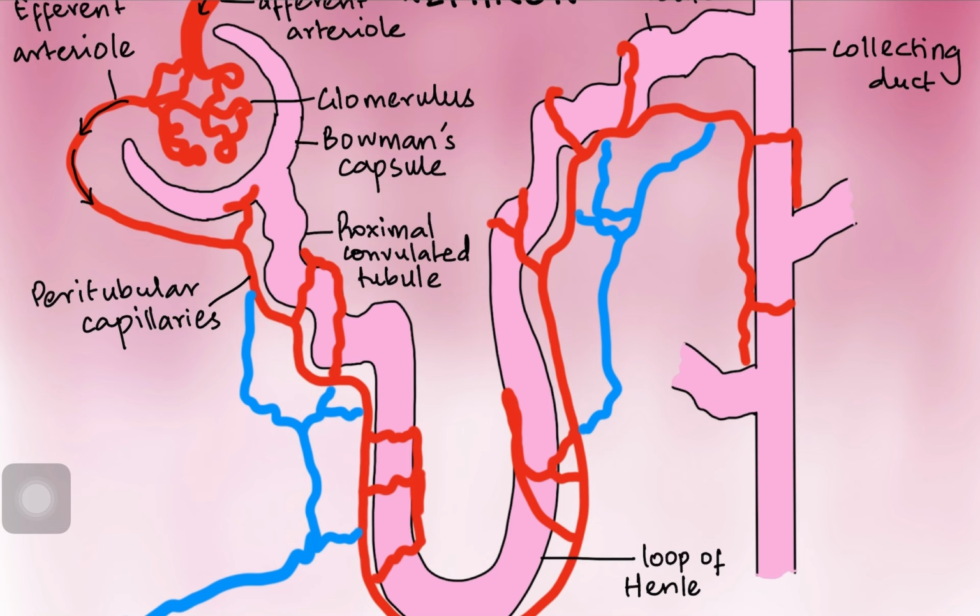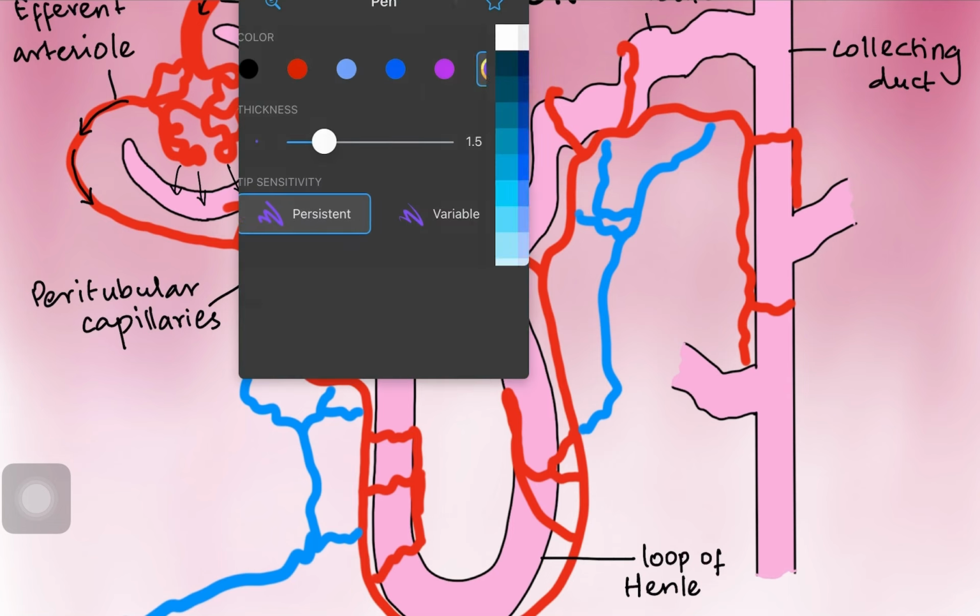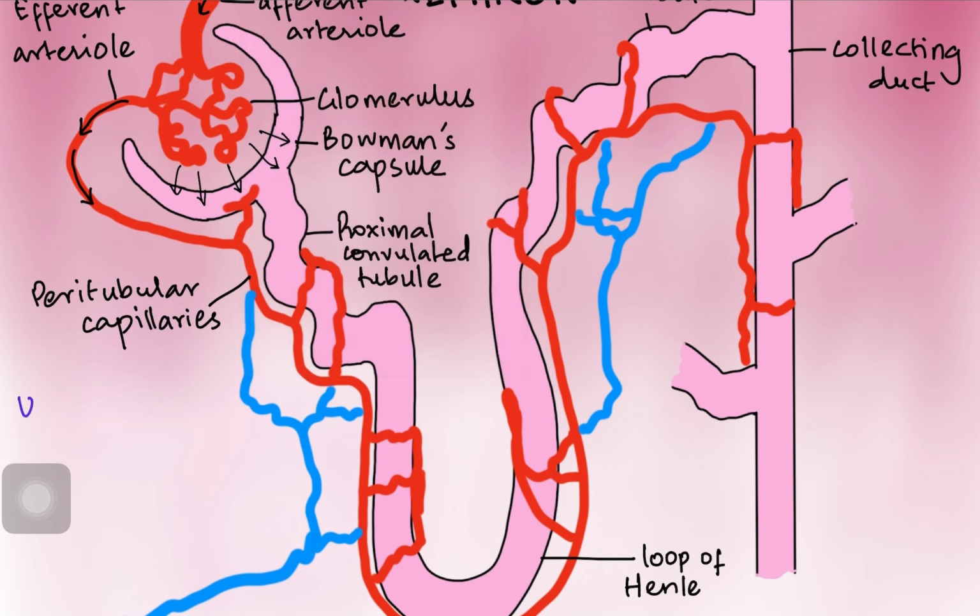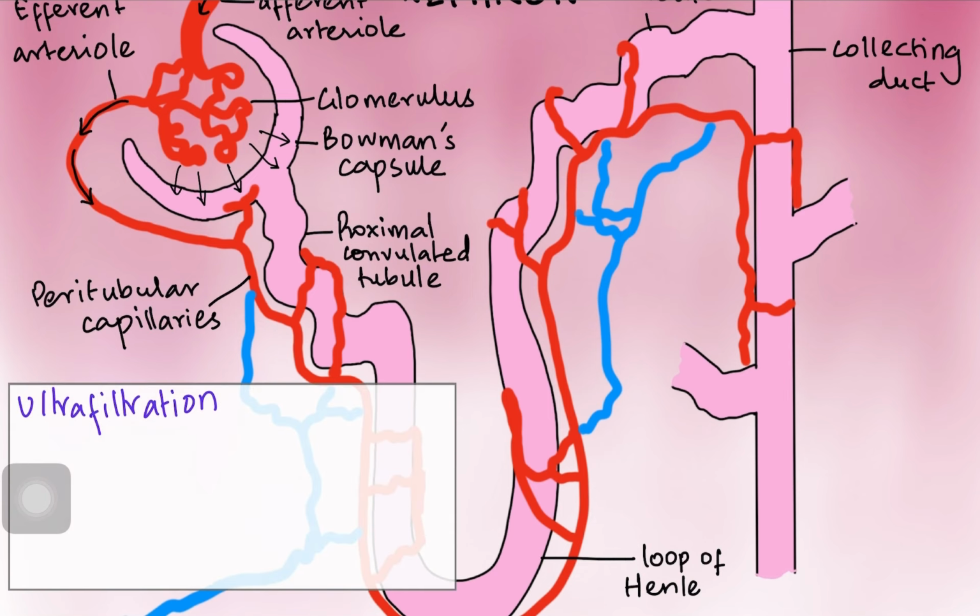When the blood comes from the afferent arteriole into the glomerulus, small substances pass through the blood and go into the Bowman's capsule. That is called ultrafiltration. So except for big proteins and except for big red blood cells, everything passes into the Bowman's capsule. And that is ultrafiltration.